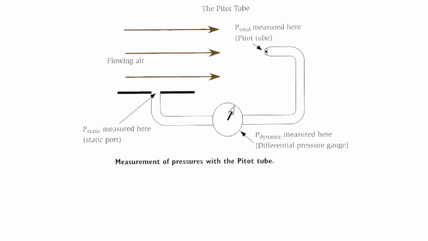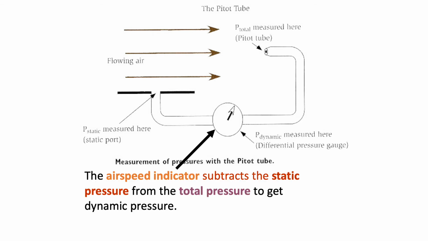For us to measure dynamic pressure, we need a gauge that can measure the static pressure and the total pressure and subtract the static pressure from the total pressure. That is what an airspeed indicator does. The airspeed indicator is hooked up to both the static port on the airplane or helicopter and the pitot tube.